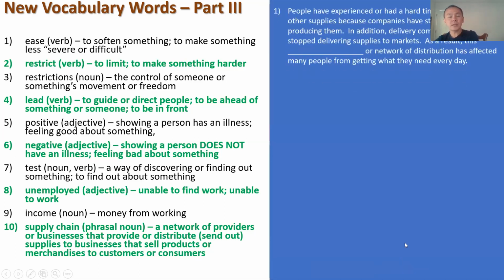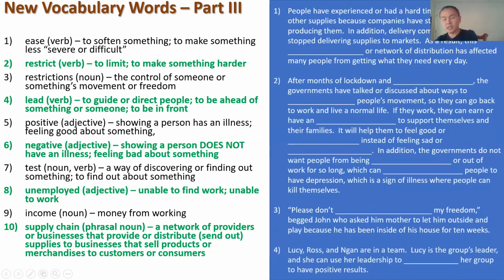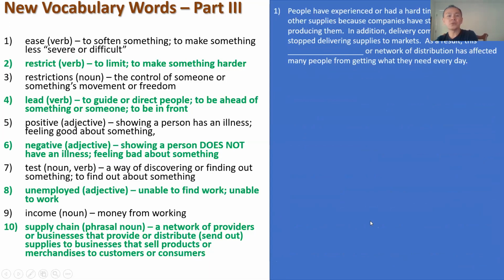So let's see if you can understand these words and fill them in the blank, okay? So I'm going to read them for you. People have experienced or had a hard time. This is called the present perfect because something started and not finished and we don't know when it's finished. People have experienced or have had a hard time getting food or other supplies because companies have stopped making or producing them.